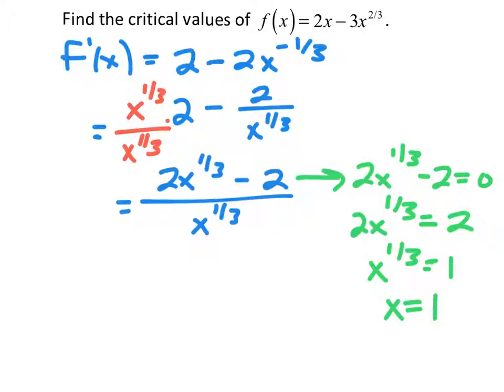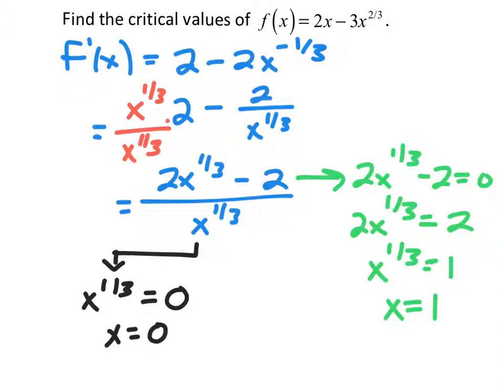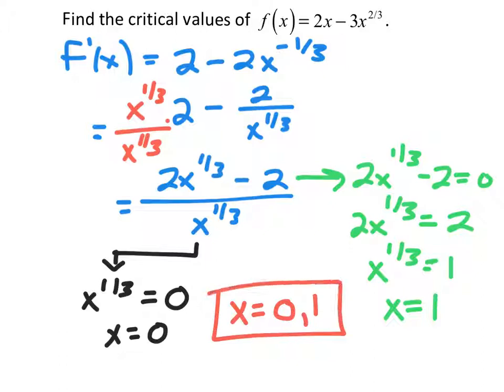And so I'm going to take my denominator now, and I'm going to solve that part over here. So x to the 1/3, I'm setting that part equal to 0, and that gives me x is equal to 0. So I end up with two different critical values. I end up with x is equal to 0 and x is equal to 1, and those are all my critical values for the original f of x.